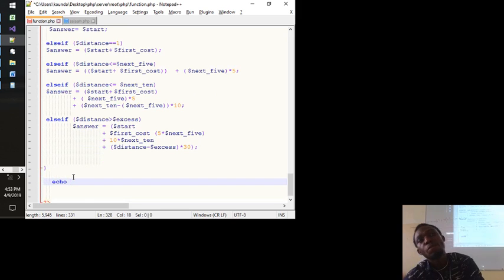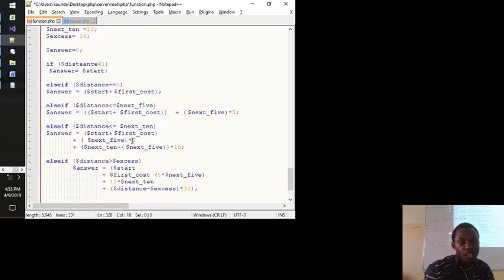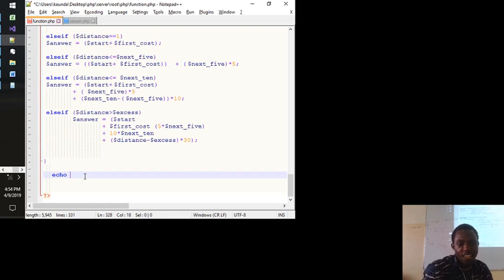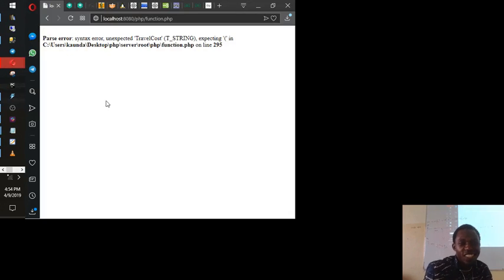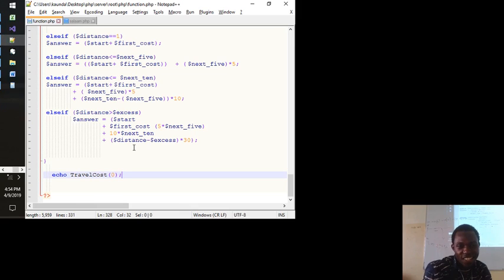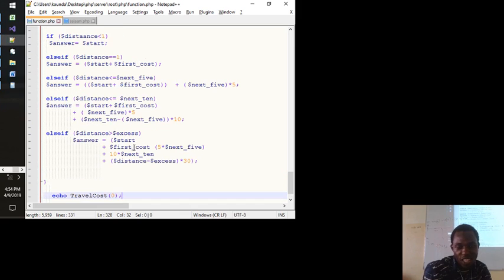Is it? Yeah, if not yet. So let's echo, and for the initial ones, I'm confident it will work. If the distance is 0, we are supposed to see only 2 CDs. Undefined variable distance, yes. Alhamdulillah, this one we can solve.